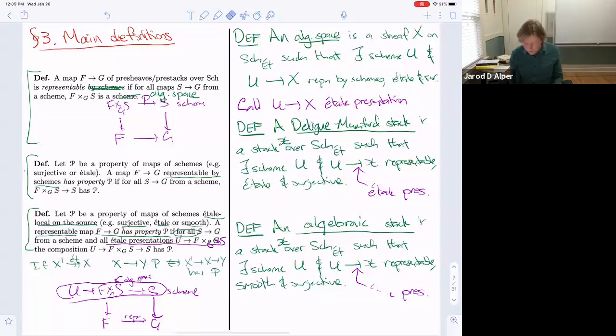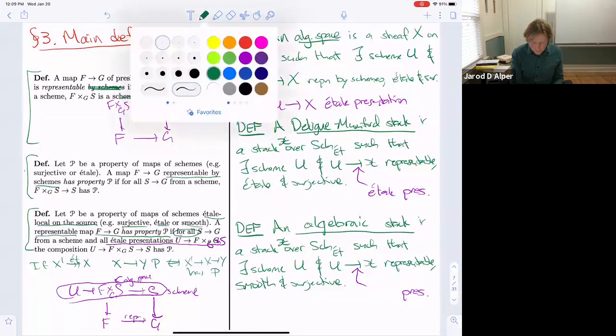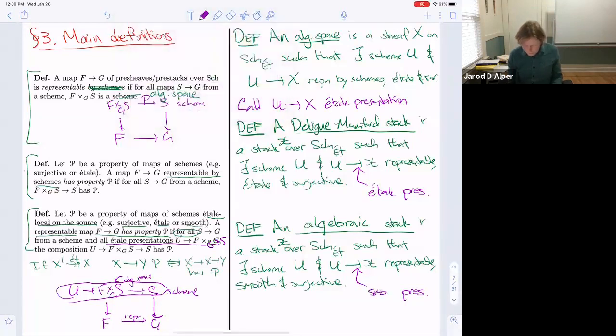And this we call a smooth presentation. All right, so these are the 3 main definitions of today: algebraic spaces, Deligne-Mumford stacks, and algebraic stacks. But maybe before taking questions, let me recap the history and compare these to the existing definitions in the literature.